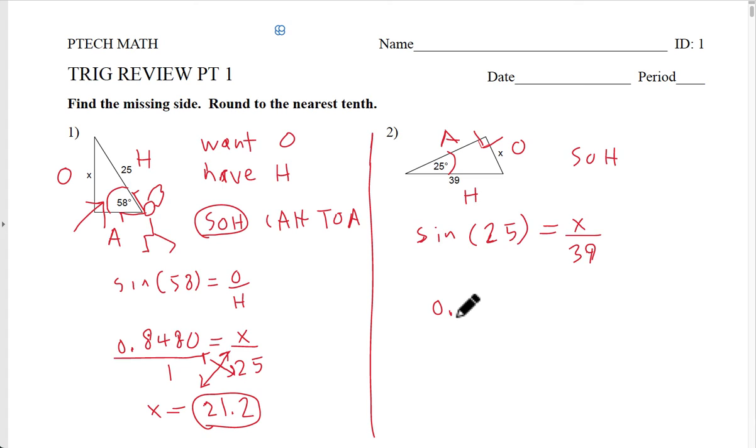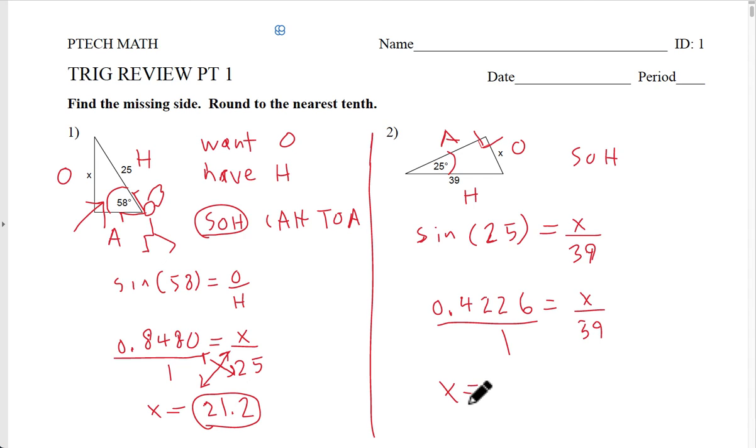I get 0.4226 equals X over 39. From here, I put this over 1, cross multiply and simplify.